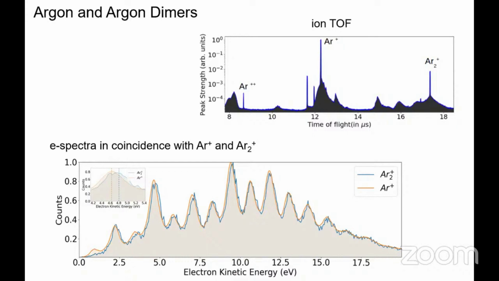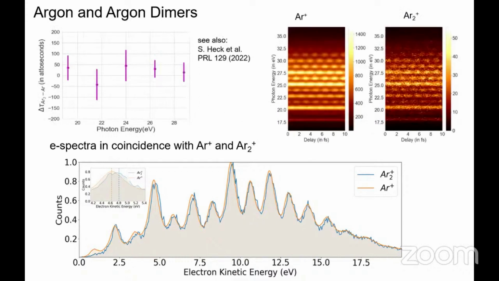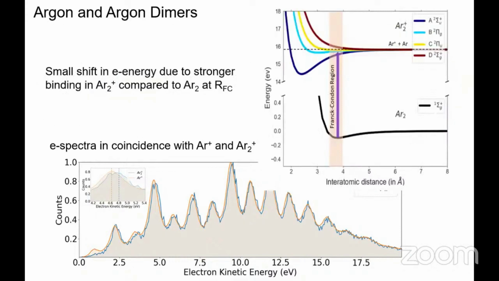They are shifted by 200 millivolts. And this tiny shift is essentially the binding in the argon dimer. There is a small difference in the binding energy between the neutral ground state and the cation. And this small difference is reflected in a small shift in the photoelectrons.